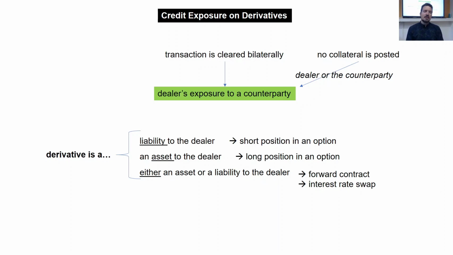Or if this is an asset to the dealer, it means that we purchase the option, so we pay the option fee, and sooner or later we will be served if we request the execution of the option. Or if it is none of the above, then it can be a forward contract or an interest rate swap, but practically the book deals with only the first two cases because it's much more simple.